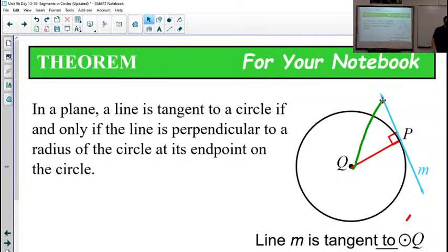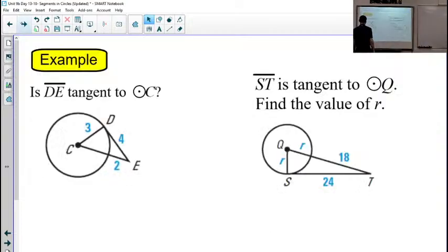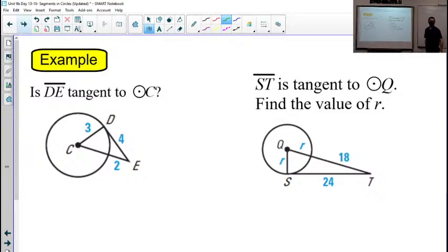So let's take a look at how some of these problems are going to look here. First one, is DE tangent to circle C? This is another way of asking, by the theorem I just showed, we have tangent if we have perpendicular to the radius.